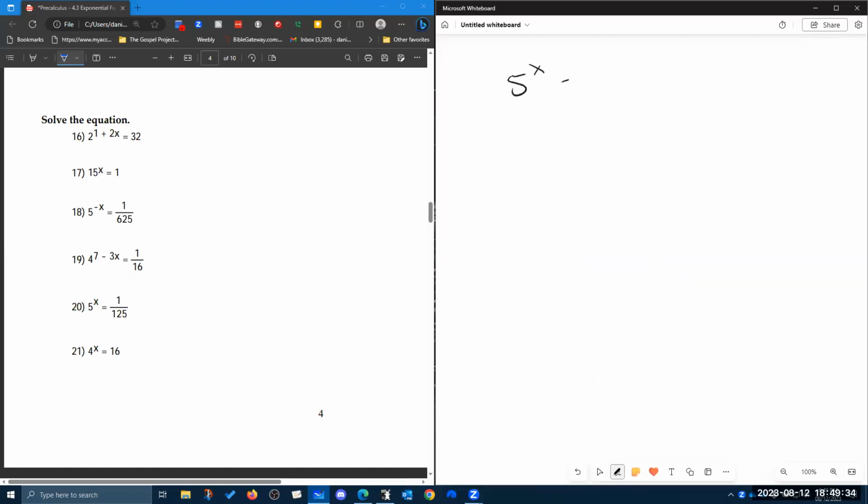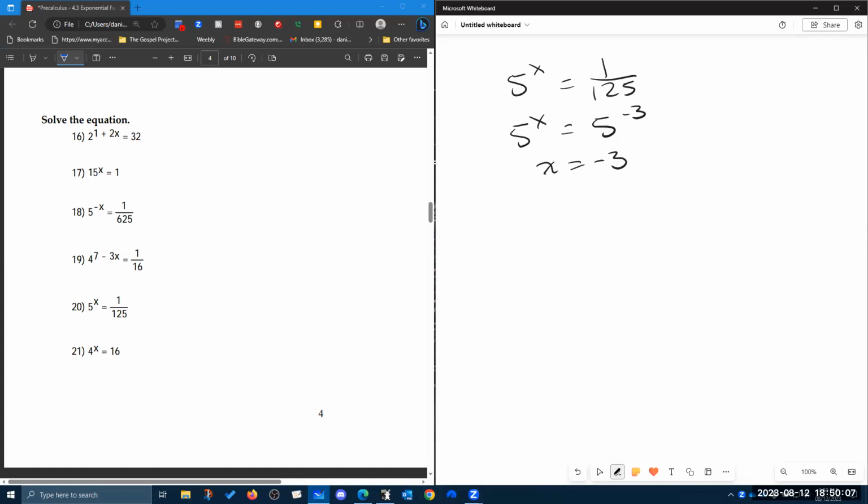5 to the x is equal to 1 over 125. 5 to the x is equal to 5 to the negative 3rd. So x is equal to negative 3. You see that it's really important to know some of your perfect squares, perfect cubes, even some perfect fourths and things like that, to be able to quickly realize what power something is here.